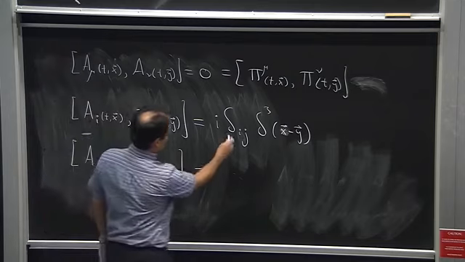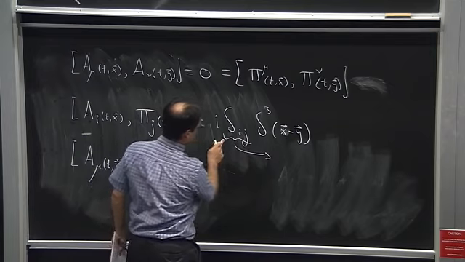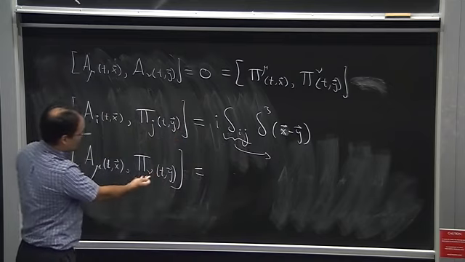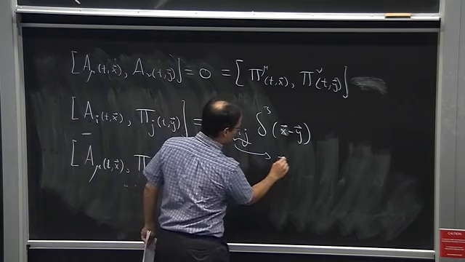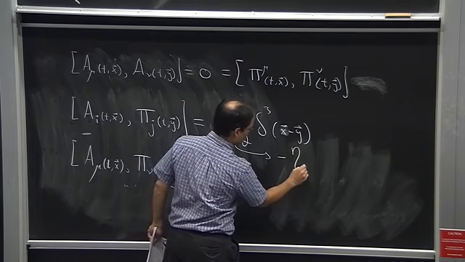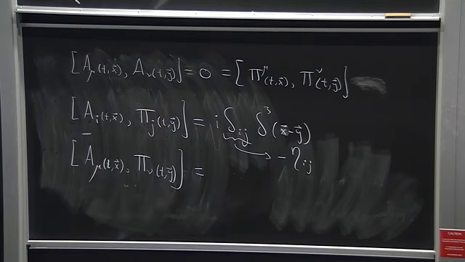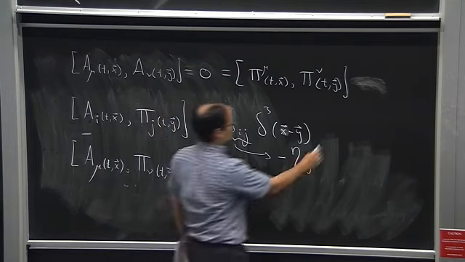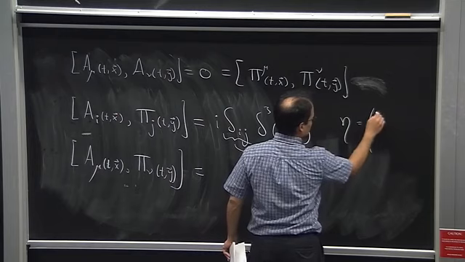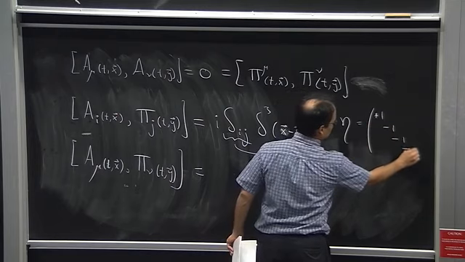But then this is almost something nice, right? Because we know that this is minus eta ij, right? Remember that our signature is +1, -1, -1, -1.